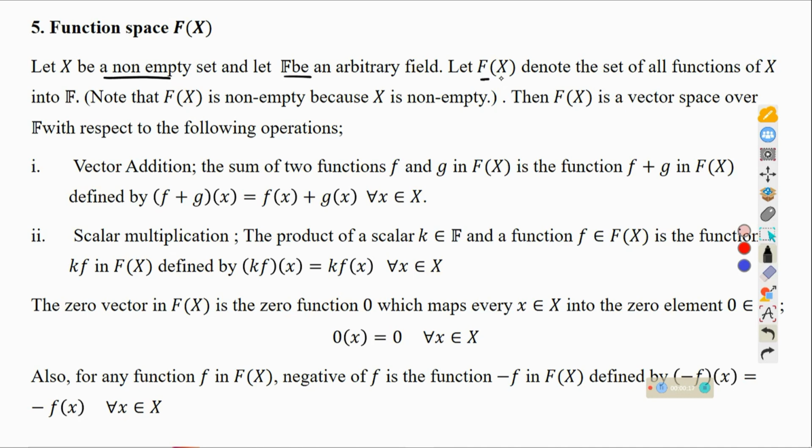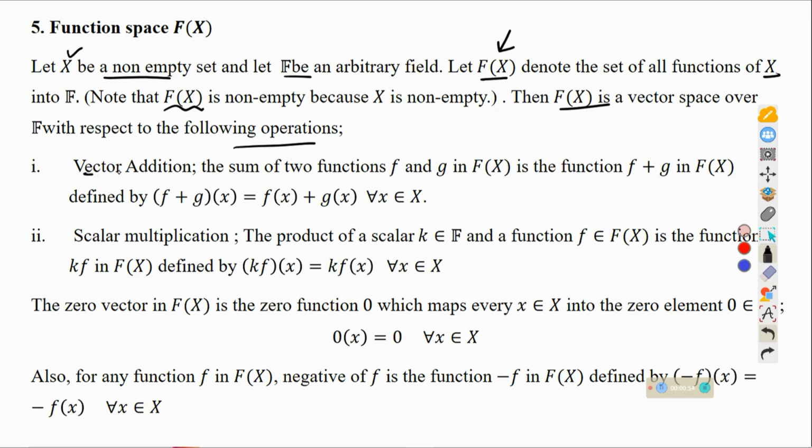Then we can denote F of X to be the set of all functions from X into F. So if we have functions within this given set that take elements of X into F, then this F of X will also be non-empty, since our X is non-empty. Then we shall be able to define F of X as a vector space over the given field F under the following operations.